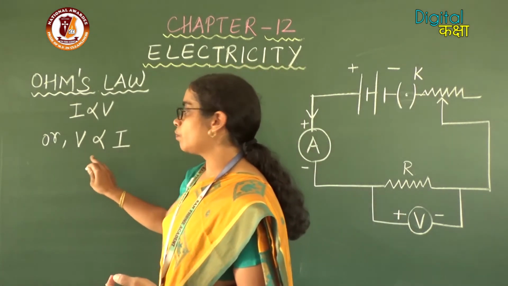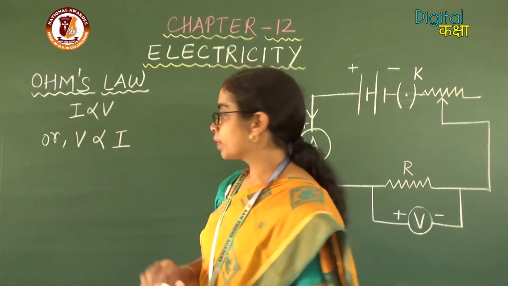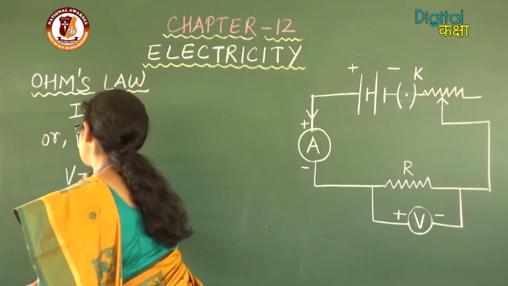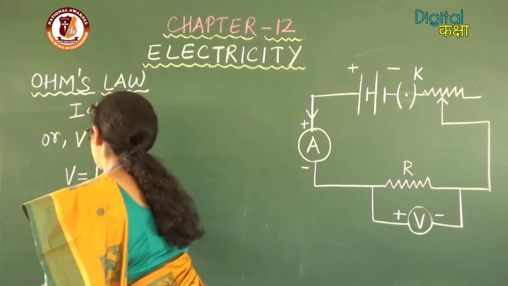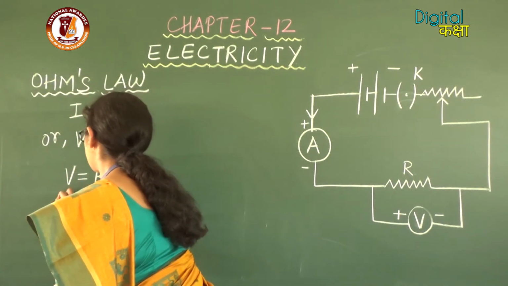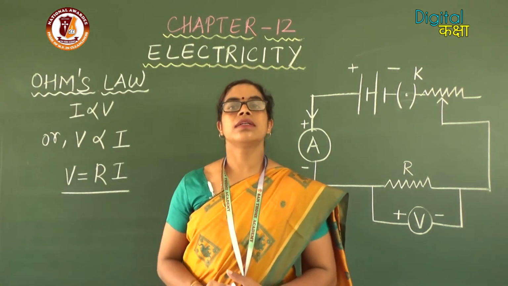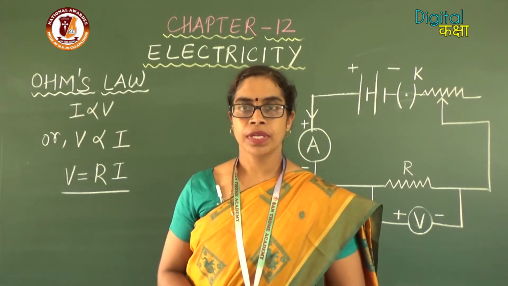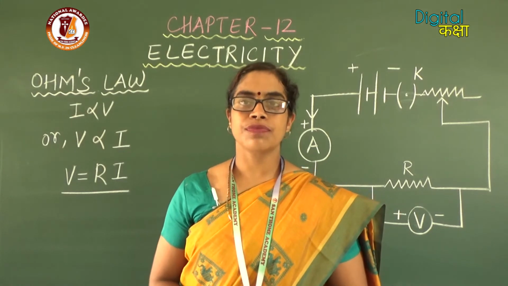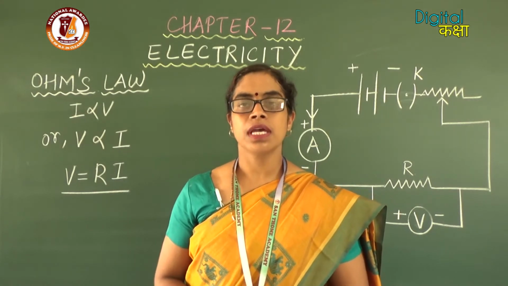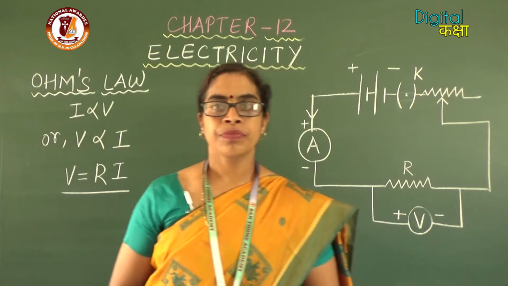On the removal of this proportionality sign, there comes a constant, and this constant is R. This R is called the resistance. The SI unit for this physical quantity resistance is ohms.